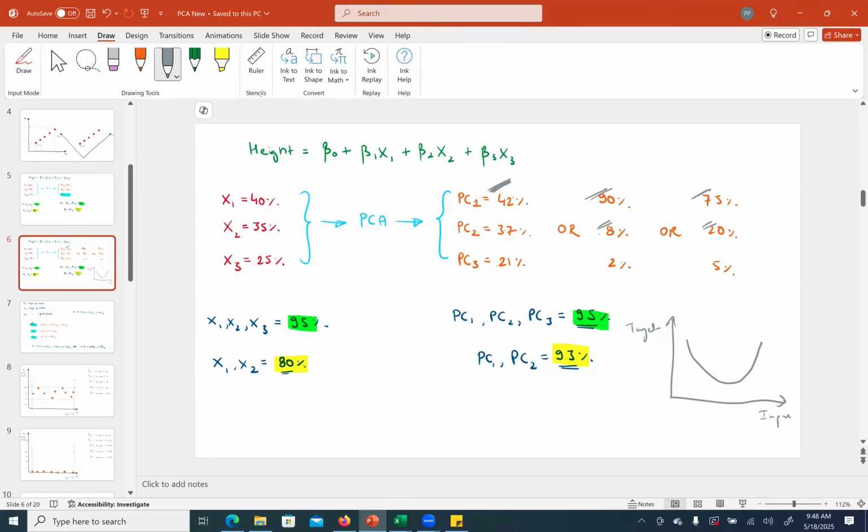The answer is yes. I know that here y is equal to x square, so if you give me the value of x, I will be able to predict y. But can I predict this target using linear regression? No. So this is the problem.